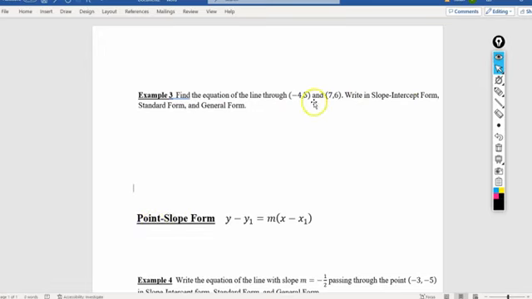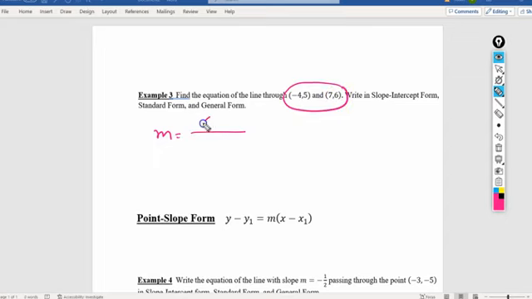But the first thing, what is the first thing you can figure out? If you've been given 2 points, what can you figure out? If you have 2 points, you can figure out the slope. And the slope is a fraction, and in the numerator, you're going to have the difference of the y coordinates. So this is the first point, this is the second point.